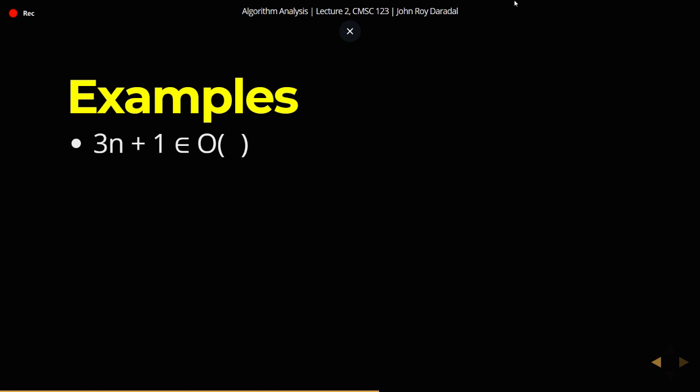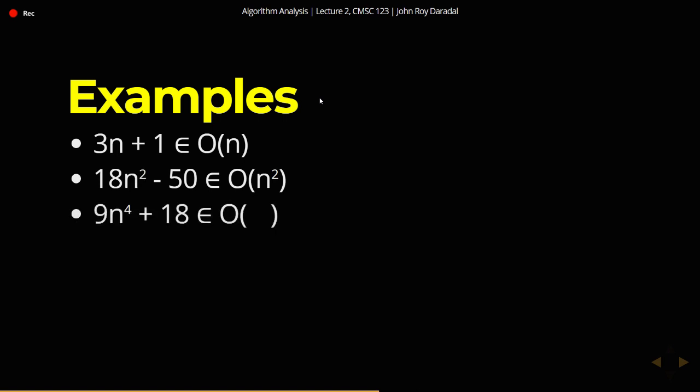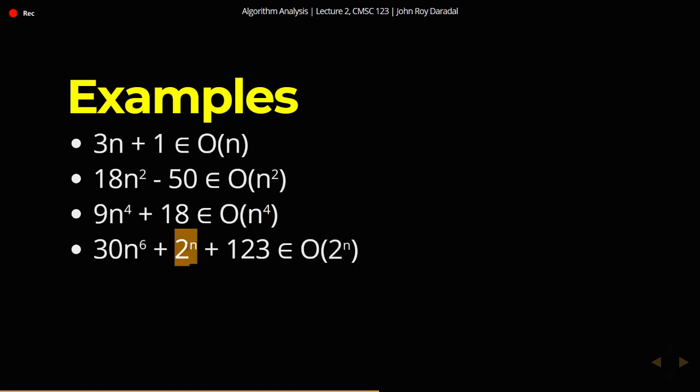So let's see some examples. 3n plus 1 is in O of n, right? 18n squared minus 50 is in O of n squared because that is the biggest growth rate here. 9n to the fourth plus 18 is O of n to the fourth. 30 n raised to 6 plus 2 raised to n plus 123 is not O of n raised to the 6, but it's actually O of 2 raised to n because 2 raised to n is a bigger factor than n raised to 6.